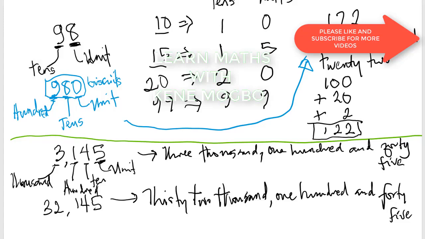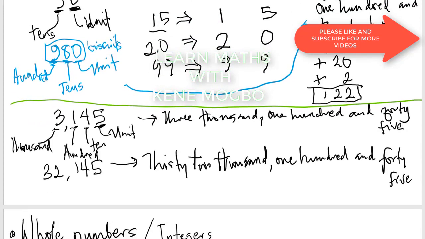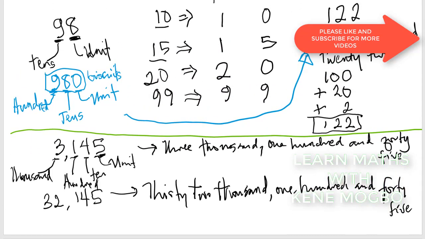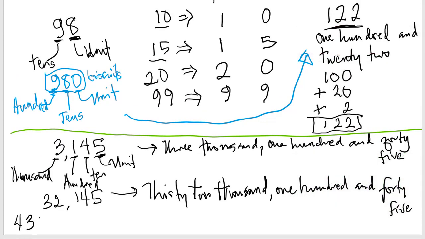Okay, so that's how we deal with thousands. So let's move on to the next figure. So you have, let's say, 434,674.